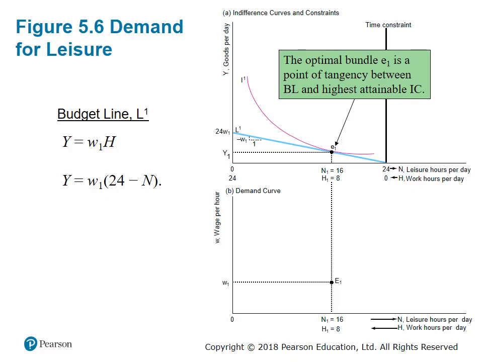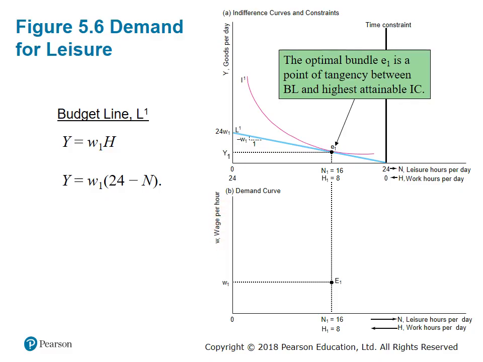Now we can start plotting the leisure demand curve. As with any demand curve, we plot the quantity on the horizontal axis and the price on the vertical axis. Here it's leisure hours per day on the horizontal axis. We can also use our trick to add the work hours too, measured from right to left on the horizontal axis. The price of leisure is its opportunity cost, and so the hourly wage is measured on the vertical axis.